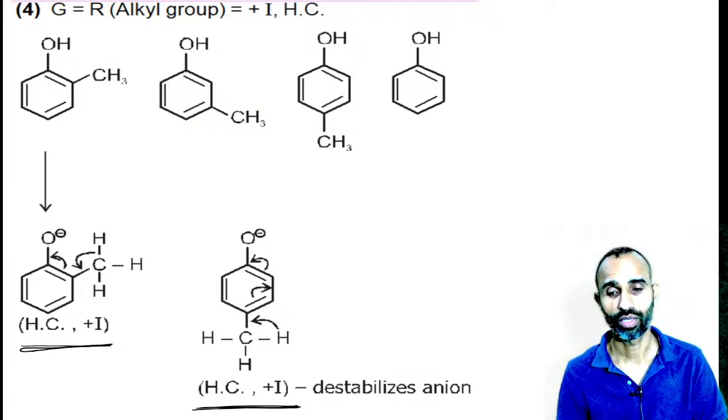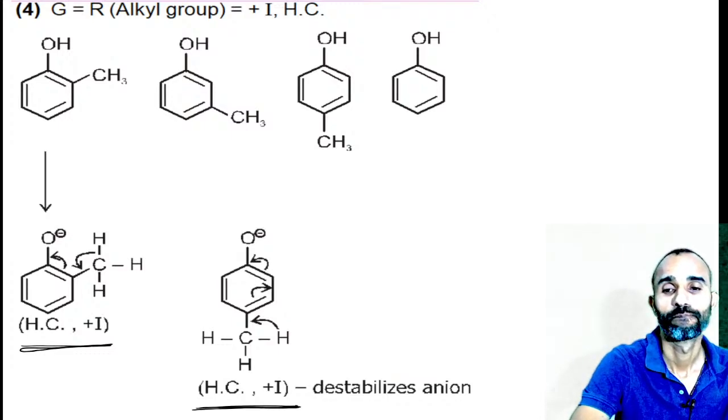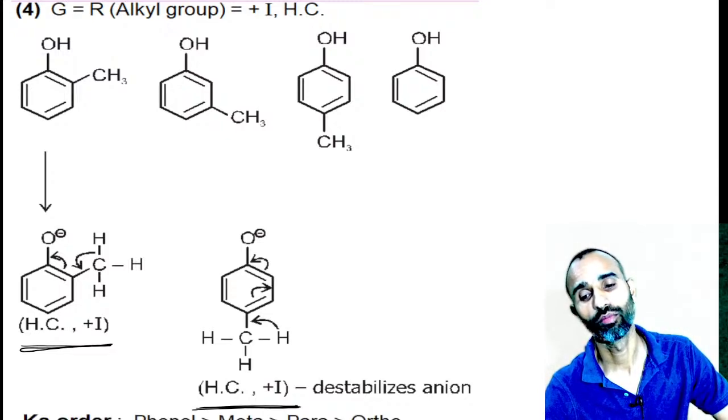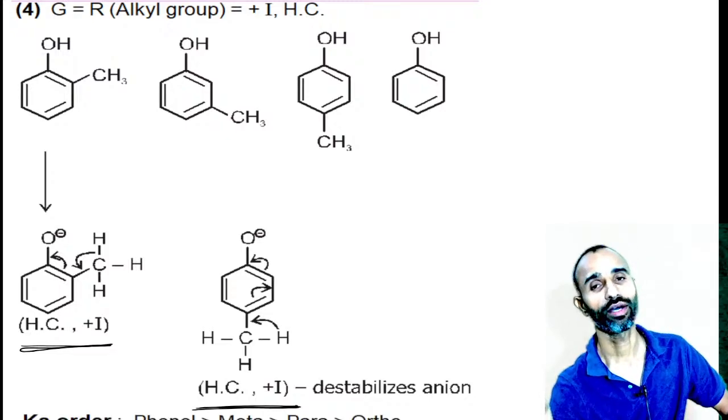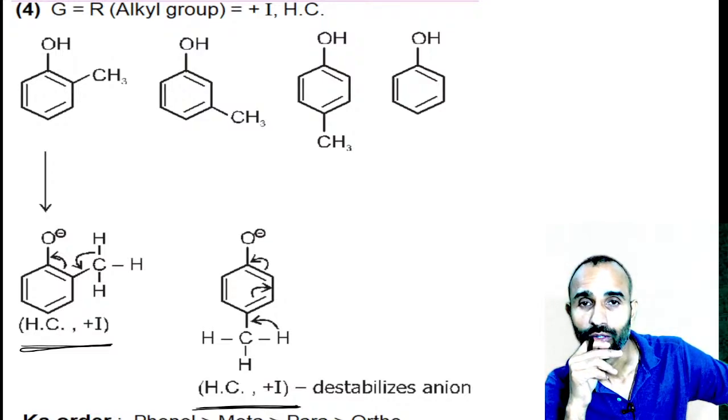So tell me, what is the order of acidic strength? Yes, phenol should be more acidic, then it is meta, and then para, and at the end it is ortho.